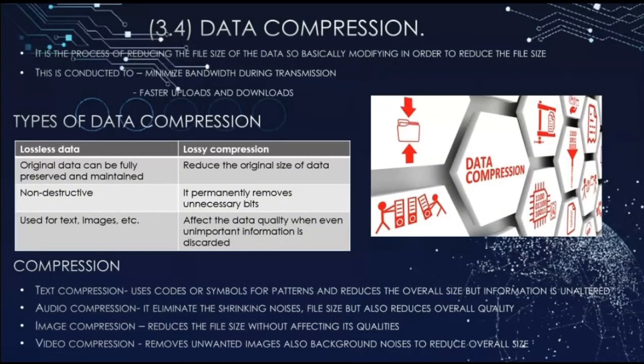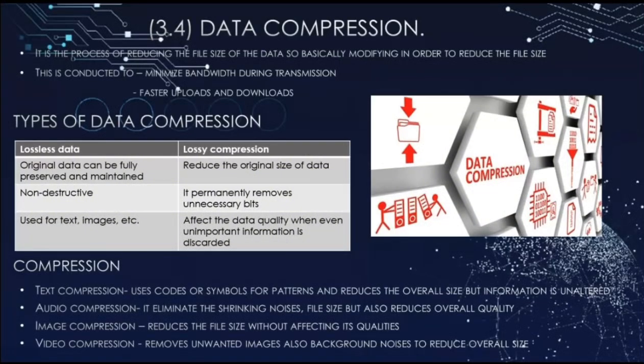With lossless compression, the original data can be fully preserved and maintained. It is non-destructive and used for text, images, etc. Lossy compression reduces the original size of data. It permanently removes unnecessary bits and affects the data quality even when unimportant information is discarded.